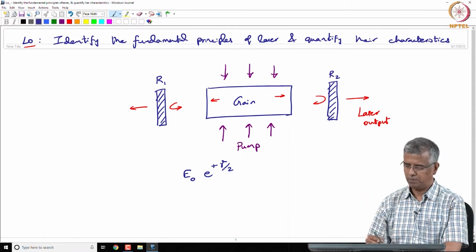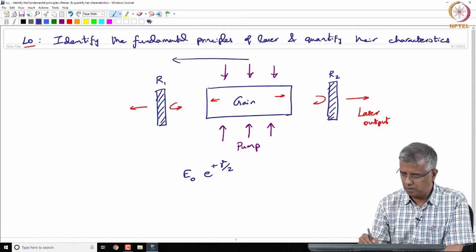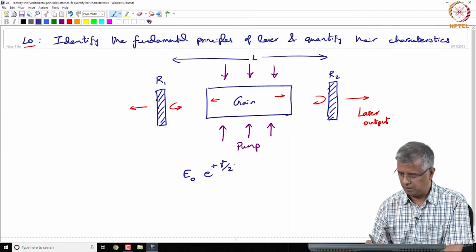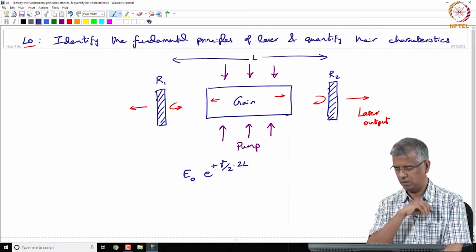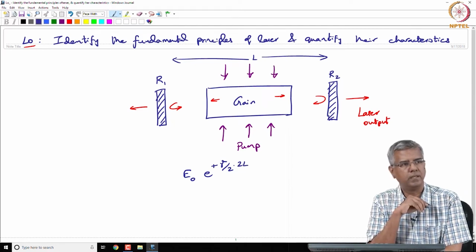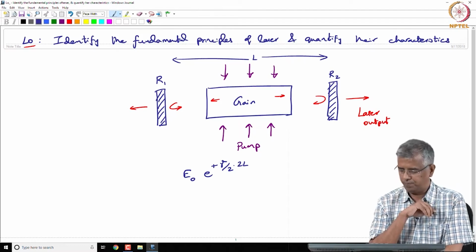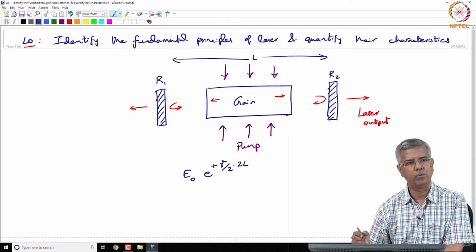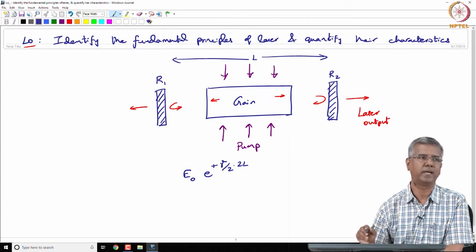If we say that the length of the cavity is L, then within one round trip, it is traveling a distance of 2L. I made it look like the cavity length here is equal to the length of the gain medium, and that is typically the case.